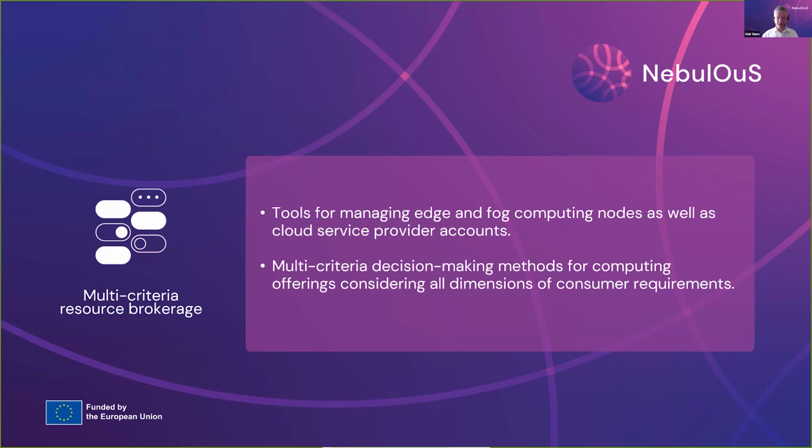This is quite complicated, in the sense that when we make a deployment, we decide on the obvious criteria for that resource, but we also look at the previous history of that resource in terms of its ability to deliver according to the SLA promised by the providers.